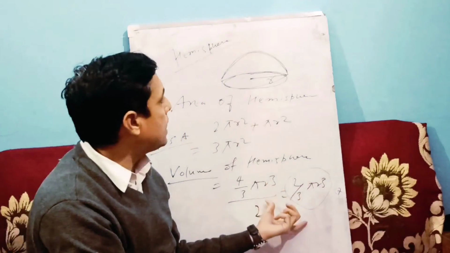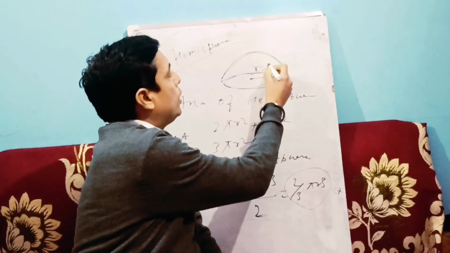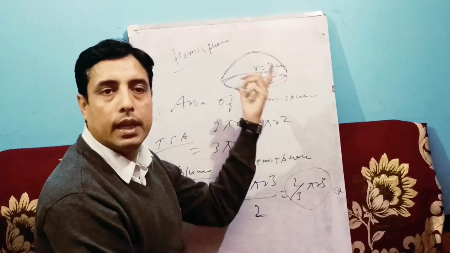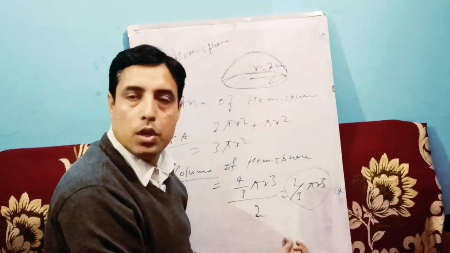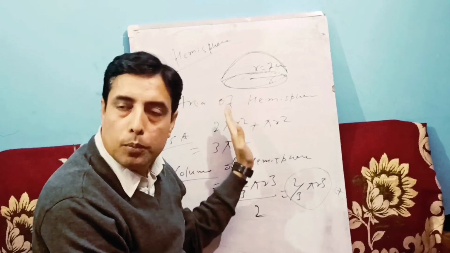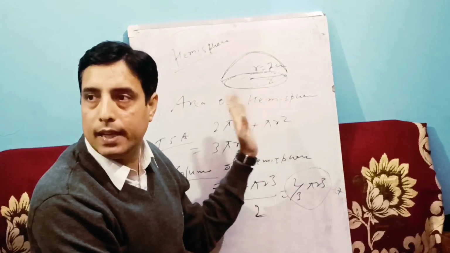This is how we calculate it. If r is equal to 7 centimeter, you can easily find the volume of the hemisphere. This is how you calculate the area and volume of the sphere and hemisphere respectively.